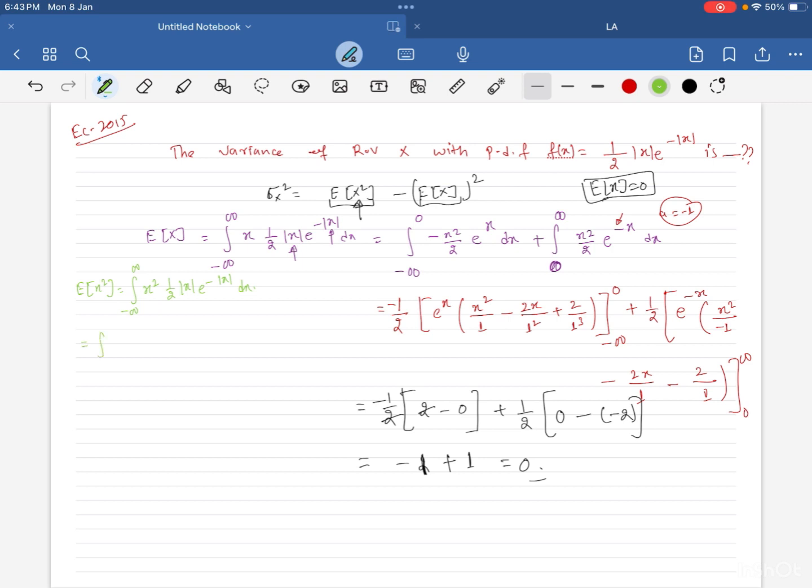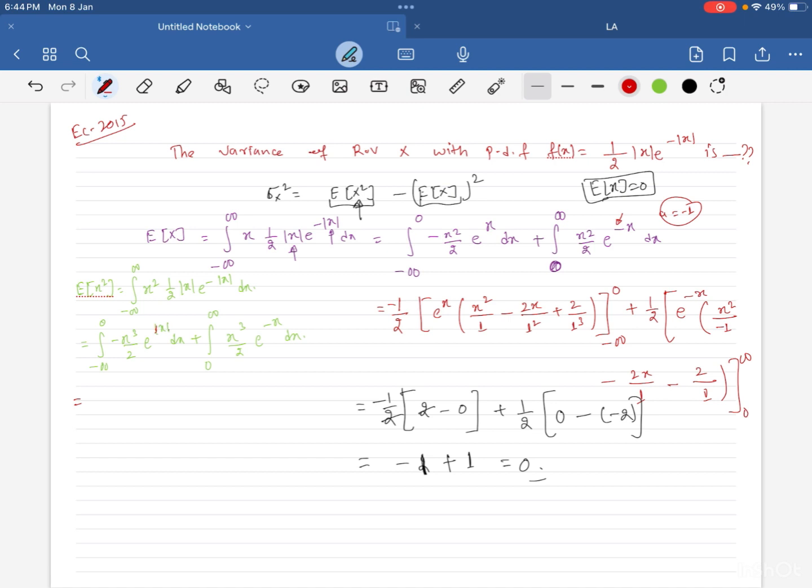From minus infinity to 0, the mod opens up with a negative sign, so here we will have minus of x cube divided by 2 e to the power mod x dx, plus from 0 to infinity, where the mod opens up with a positive sign, so x cube divided by 2 e to the power minus x dx. Now, similarly, you can use integration by parts or you can directly write it down.